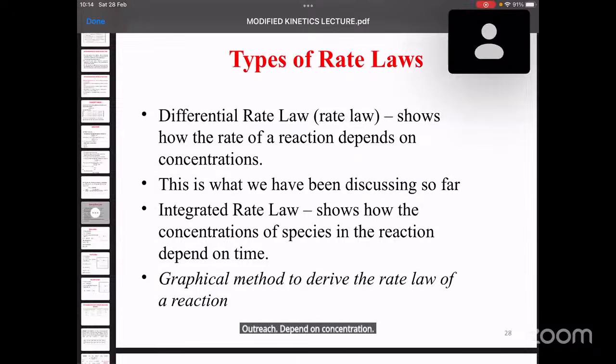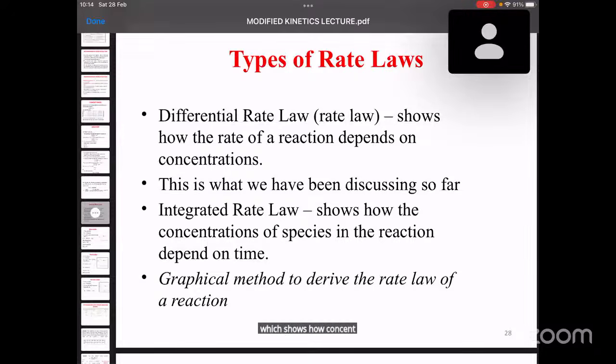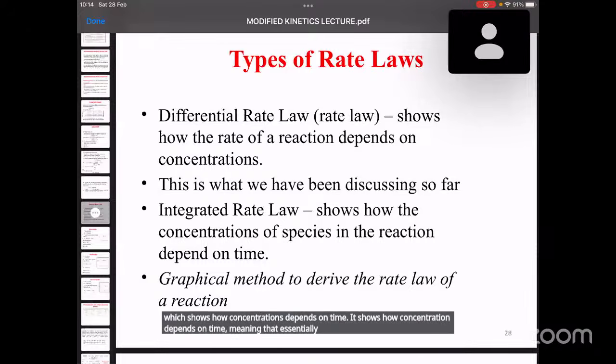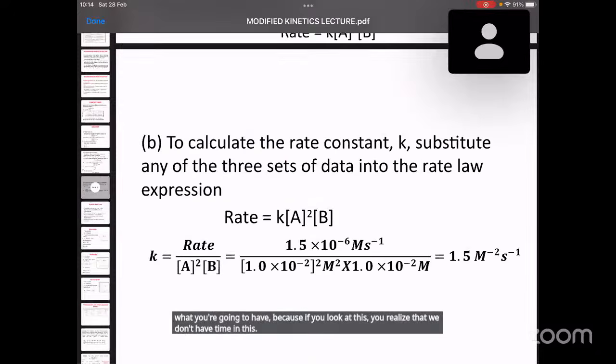But there's a second one, which is the integrated rate law, which shows how concentration depends on time. Meaning that in an integrated rate law, you won't have rate. If you look at this, you realize that we don't have time in it. We only have rate and concentration.